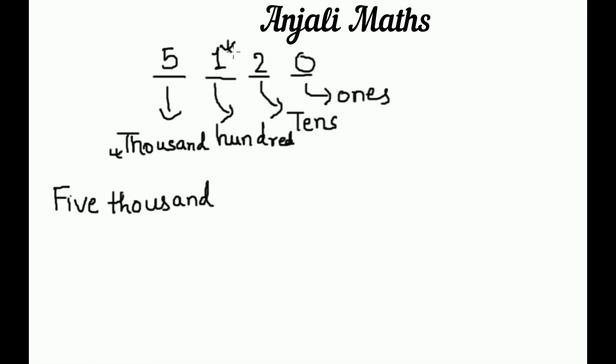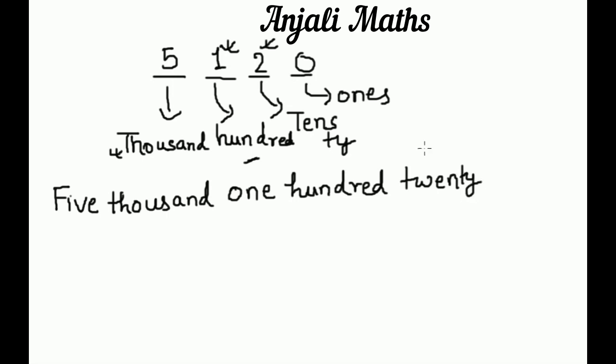Come to 1. We will write 1 and add 100 here. Now come to 2. We will add ty, 20. And we will write 0 as it is. In this way we will write a 4-digit number. We will see one more example.